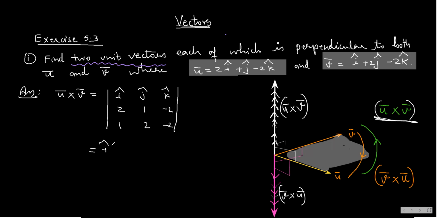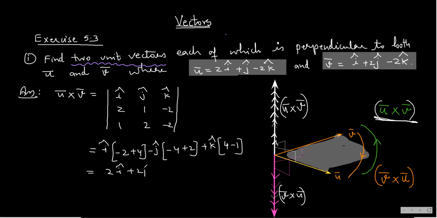So this is I cap, and here I get minus 2 into this is minus 2, minus of minus 4, so plus 4, minus J cap, and here I have minus 4, minus of minus 2 is plus 2, then plus K cap, and I have here 4 minus 1. So what I get? I get 2i cap, okay, 4 minus 2 is 2. So 2i cap plus 2j cap plus 3k cap.